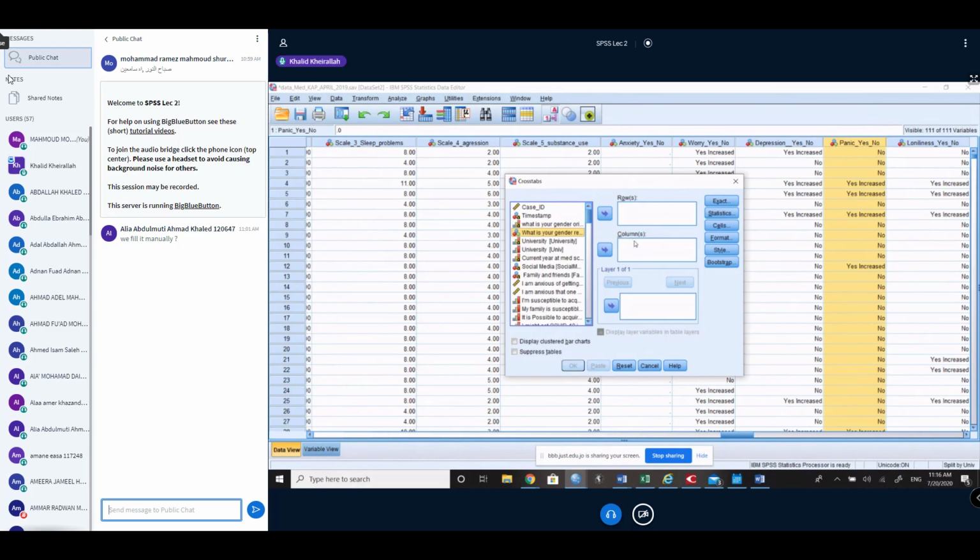Now this is confusing. Sometimes it gets confusing which one to put at the top, which one to put as a row, which one as a column. Just do it and deal with it later on. So we wanted the question that says anxiety at the column. We wanted the question that has gender.